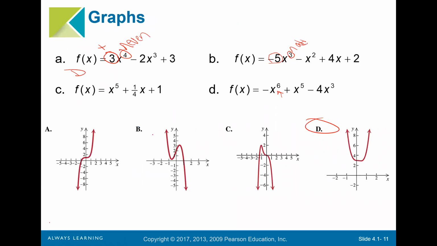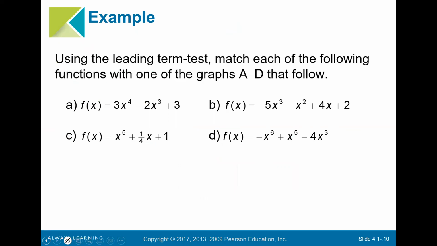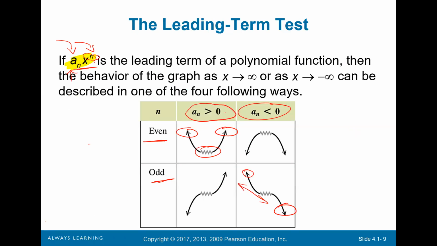Decreasing left to right would be B. That worked out. It's still stuck with it, right? C says our N is odd and our A is positive. N is odd. A is positive. So we're going to have this increasing effect going on.